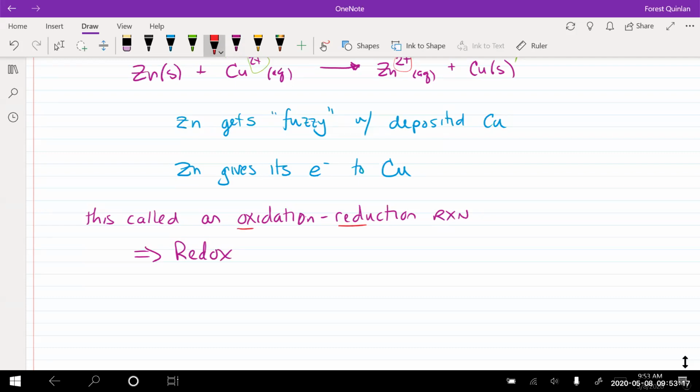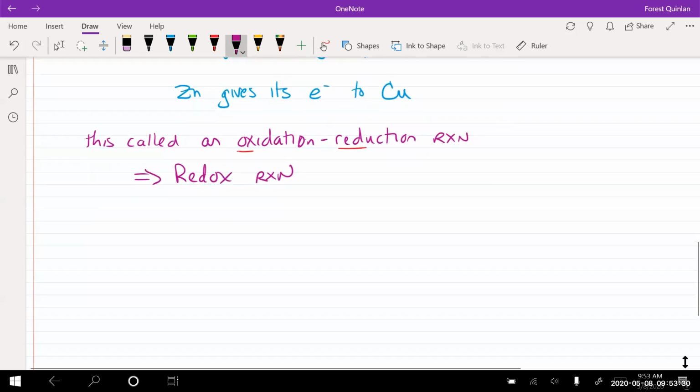We say it's an oxidation reduction reaction. We call it a redox because I guess oxy-red is weird. So people talk about redox reactions, and really it's about a transference of electrons.